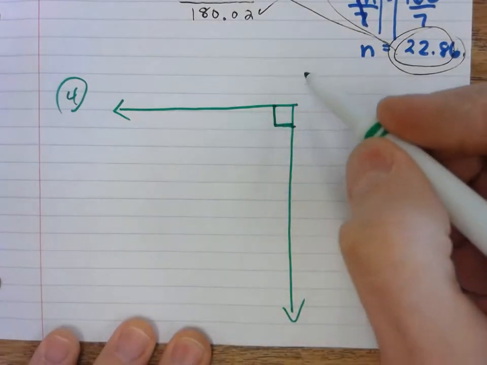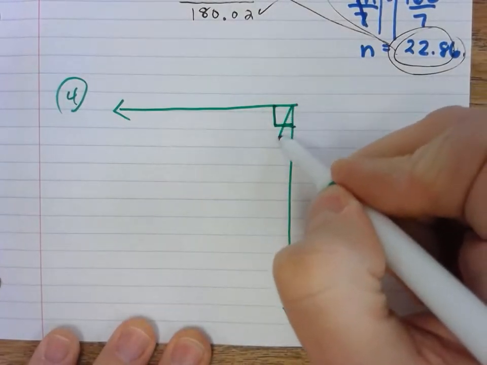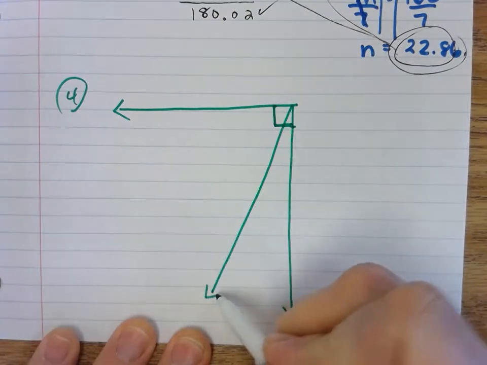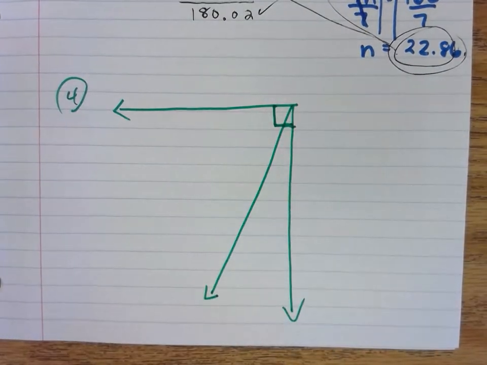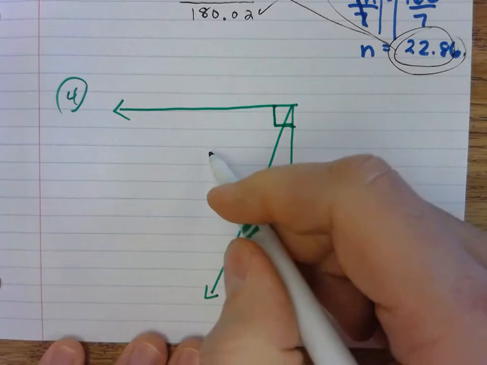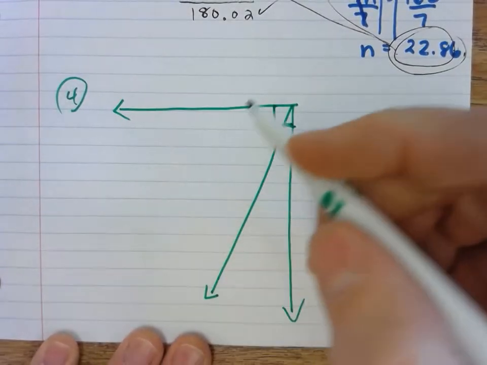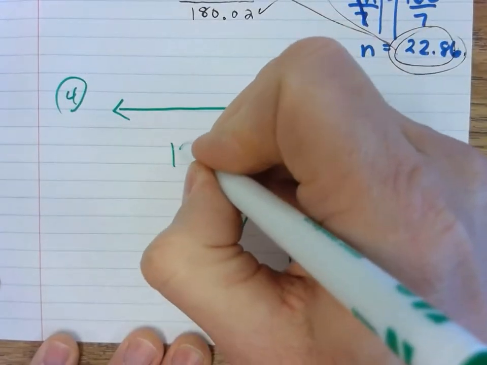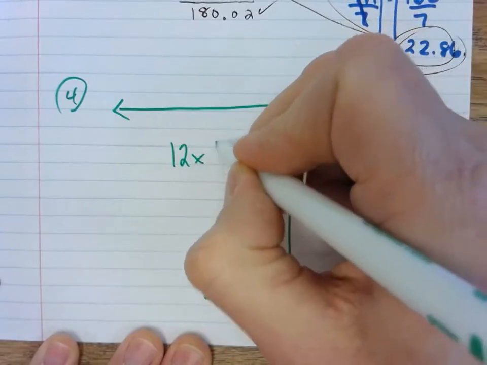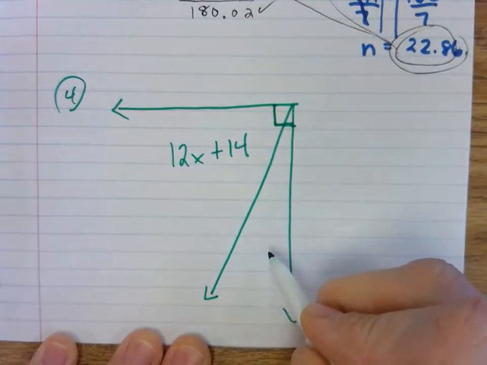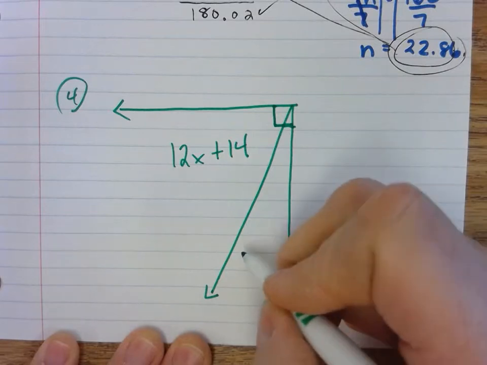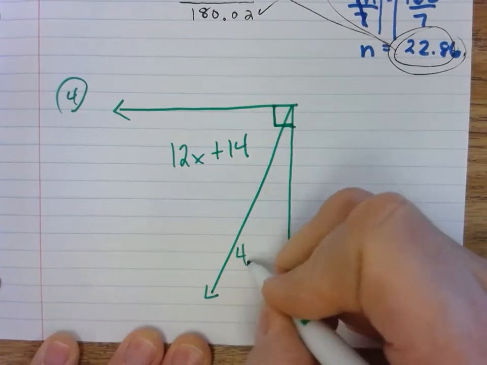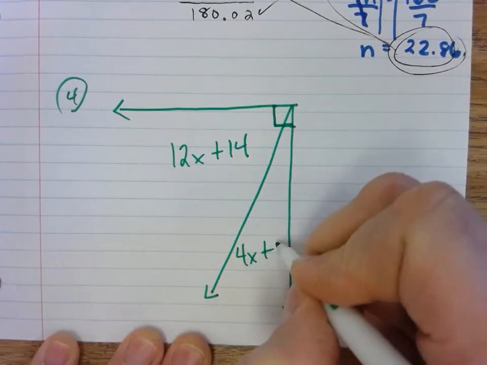Alright, now let's come here and bring a line down. Okay, now let us say we know this one here is 12x plus 14. And this one here, 4x plus 5.